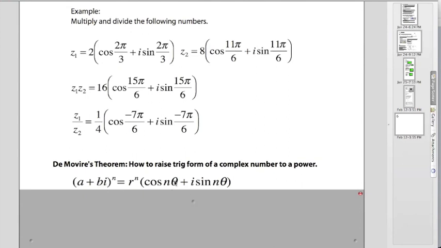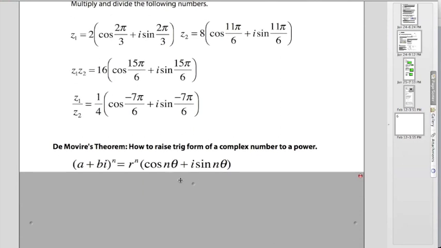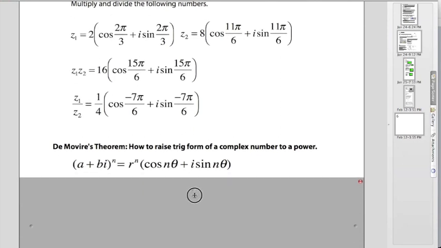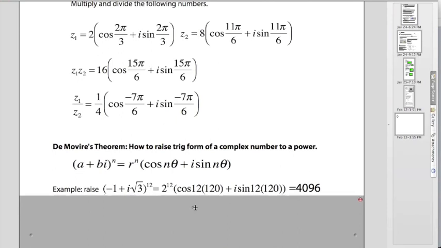If we can convert it into complex form, then the only thing we have to do is raise my r value to the nth power and multiply theta times the n. Okay, so we're not actually going to take anything specifically to a power other than my r value. Everything else is basically multiplication. So here, let's look at an example of this one.